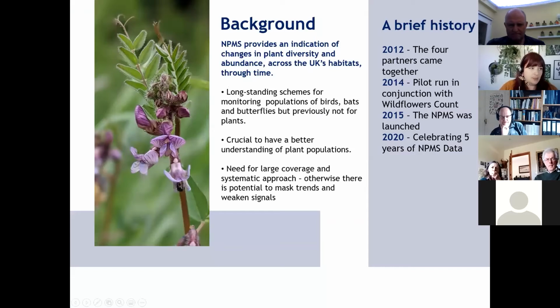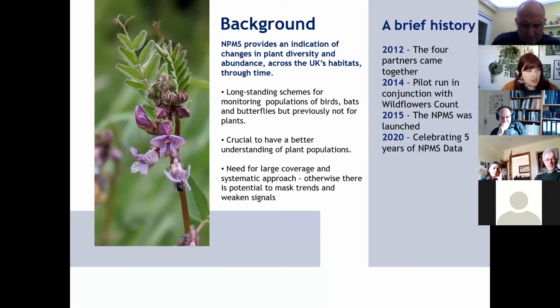So the NPMS provides an indication of changes in plant diversity and abundance across the UK's habitats through time, as I mentioned. In the UK, there are already long-standing schemes for monitoring populations of bats and birds, for example the British Bird Survey, and the British Butterfly Monitoring Scheme, but there wasn't a similar scheme for plants.